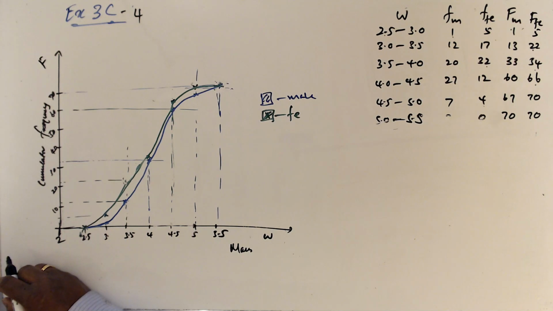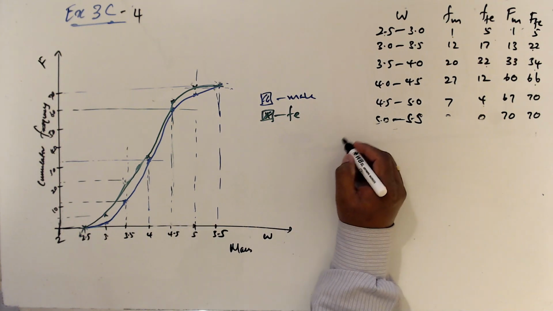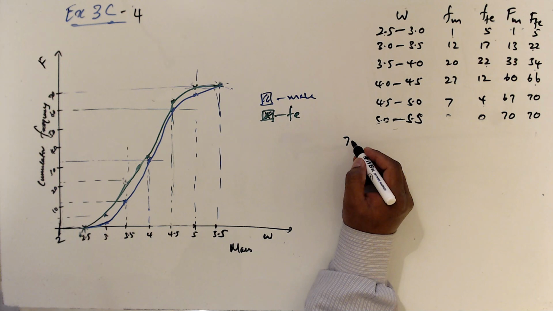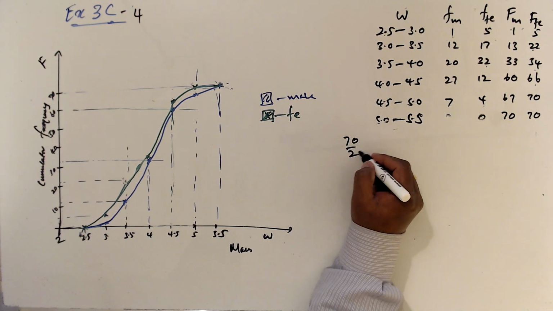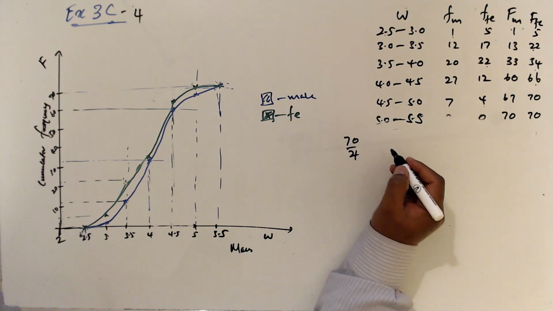And the next question is, which gender has the greatest spread of mass? So basically we need to find the IQR. First of all, find 70 divided by 4.